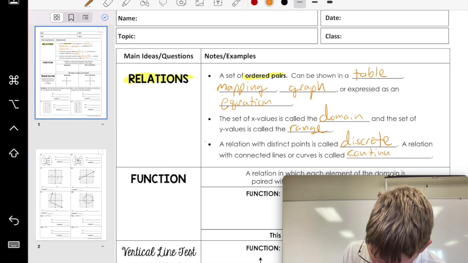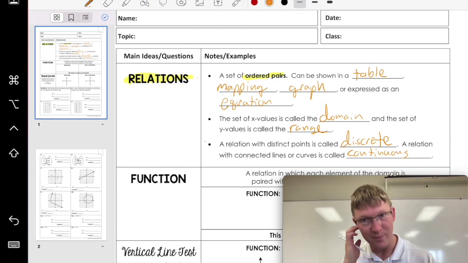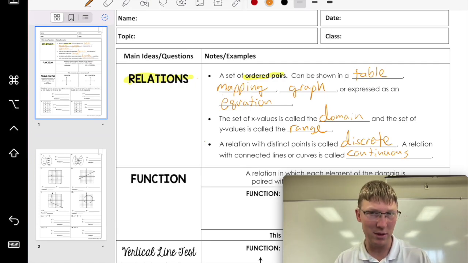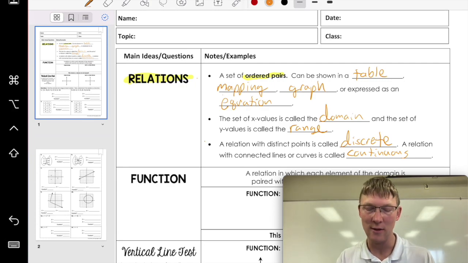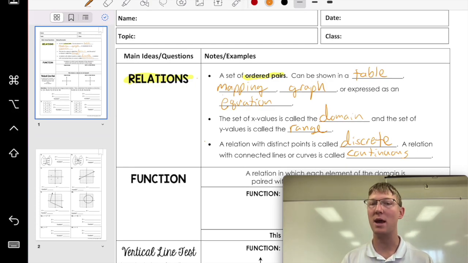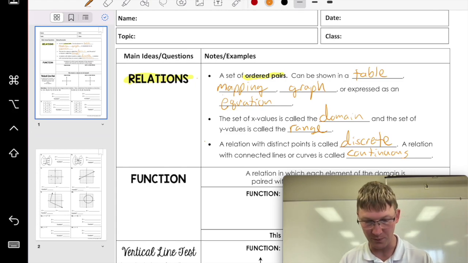Discrete and continuous, we're going to be dealing with a decent amount, but generally most of the equations that we're going to be playing with in this class are just going to be continuous. You will see continuous come back if you take college algebra, pre-calculus, calculus, whatever. That word is going to come back to haunt you over and over again.